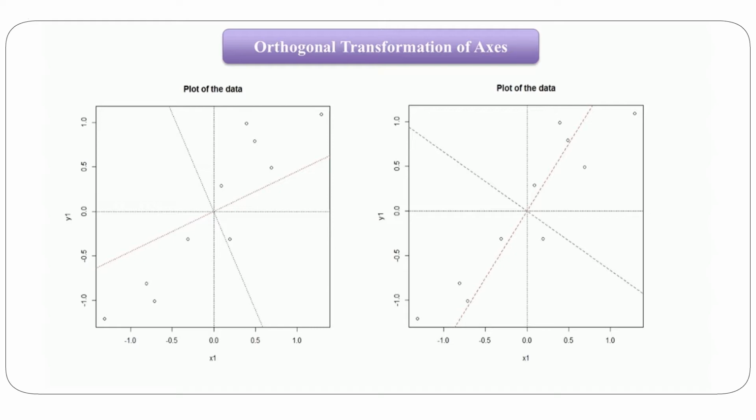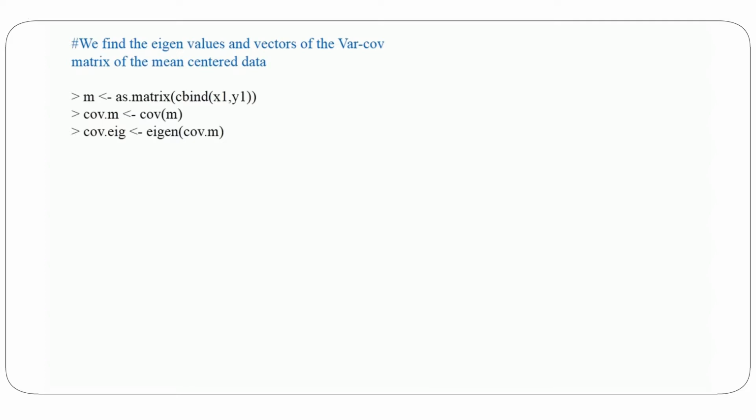So, we come back to our topic of principal component analysis. First, we need to find the variance covariance matrix of the mean centered data. We first combine the data in the form of a matrix, and using the R command cov followed by the data, we find the variance covariance matrix, which we store as cov.m.